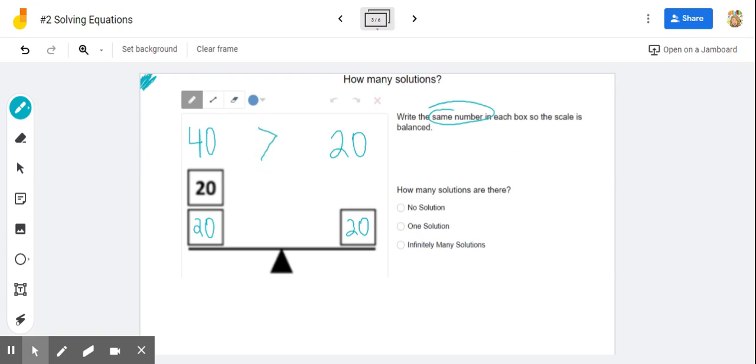That's definitely not balanced, which means that 20 is not an actual solution, because I am not in balance. It's a number that does not make this make sense. Another way we could say this is that 40 is not in equal balance with 20.